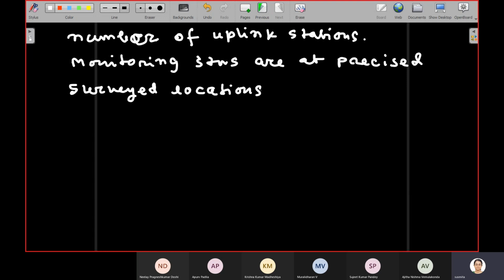And then the satellites broadcast these parameters in the navigation data. We discussed quickly that the signal has three components: code, carrier, and navigation data. So all these different parameters are transmitted by the satellites in the navigation data.